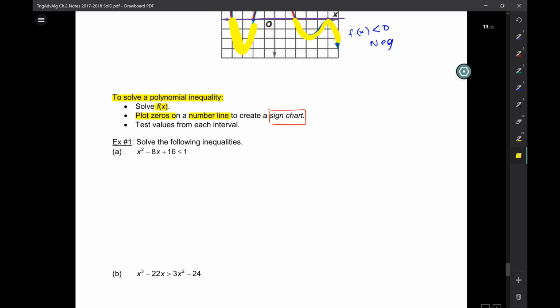And then we test values from each interval. It sounds like gibberish, but we're going to do one, and then we're going to do another one, and each time you just have to stick to step 1, 2, 3. It's going to be the same steps every time. Okay, so let's do one.